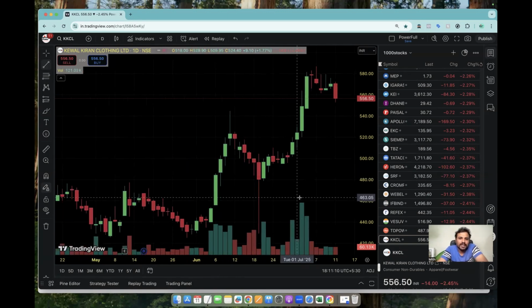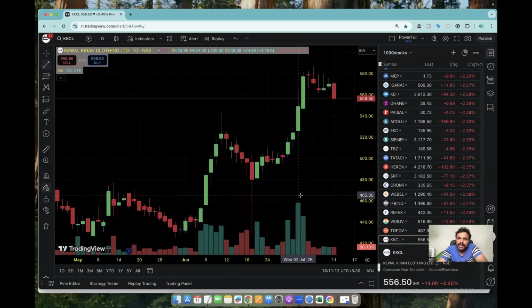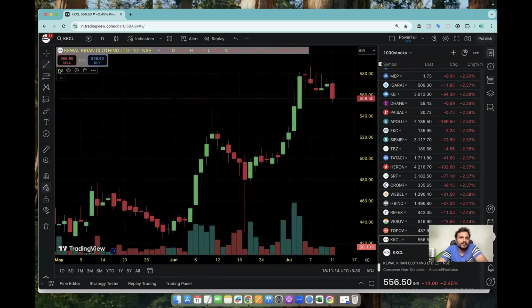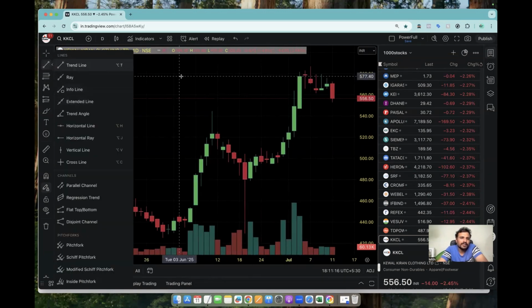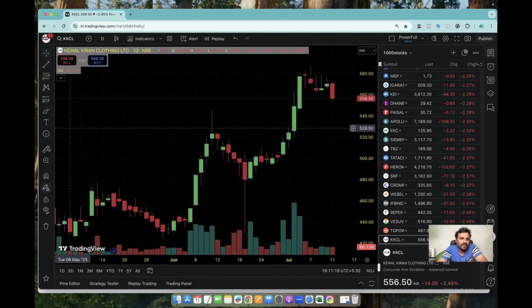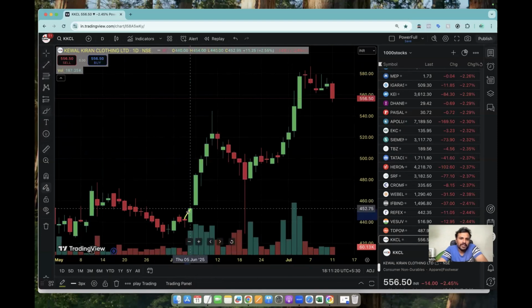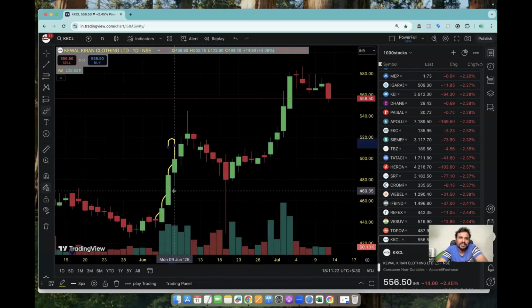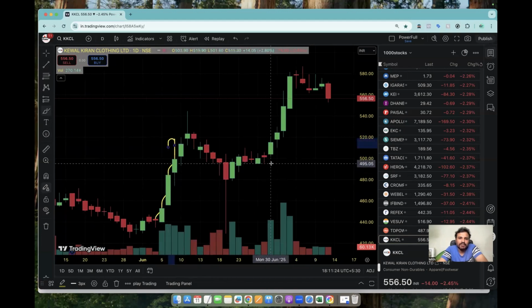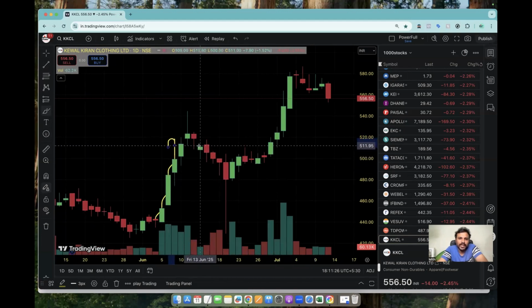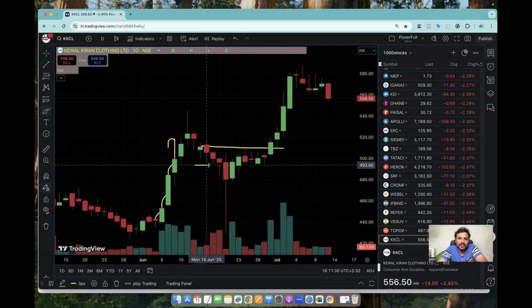For example, if you look at it, this is not actually a flag pattern, but you can trade this. If you look at it, there is a previous momentum in the stock. Can you see that? KKCL, right? Then after that, you can take it like this. That's why I told you there is a closing. Why am I taking this as a flag?